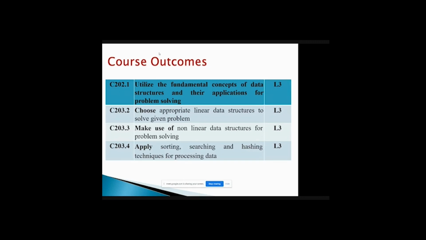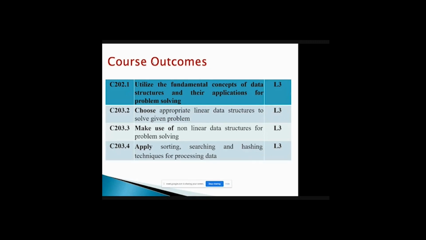Choosing an appropriate data structure for solving a problem is the biggest challenge. Okay. So that is what the second CO says. Again, it is at L3 level, the apply level.